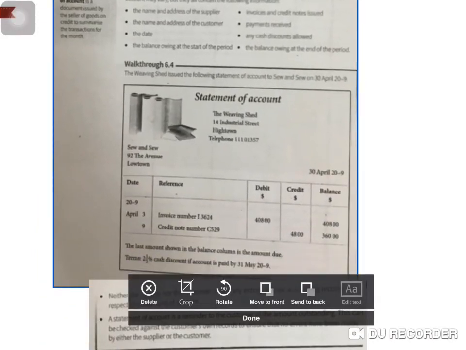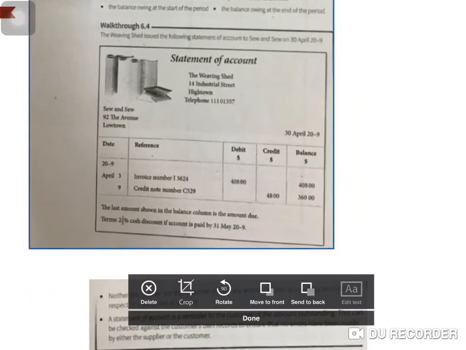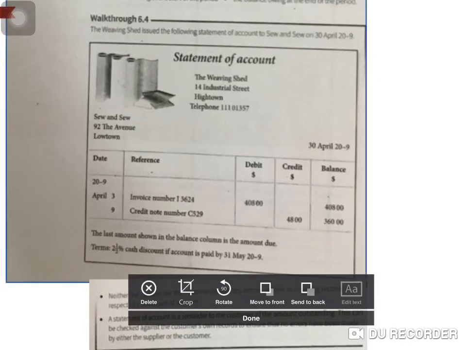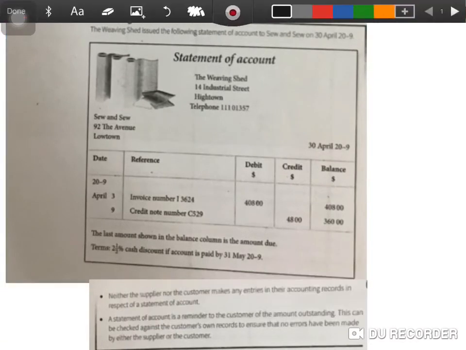Now, this is how a statement usually looks. And if you have a look at a bank statement issued by any bank, that is also going to be very similar to this.